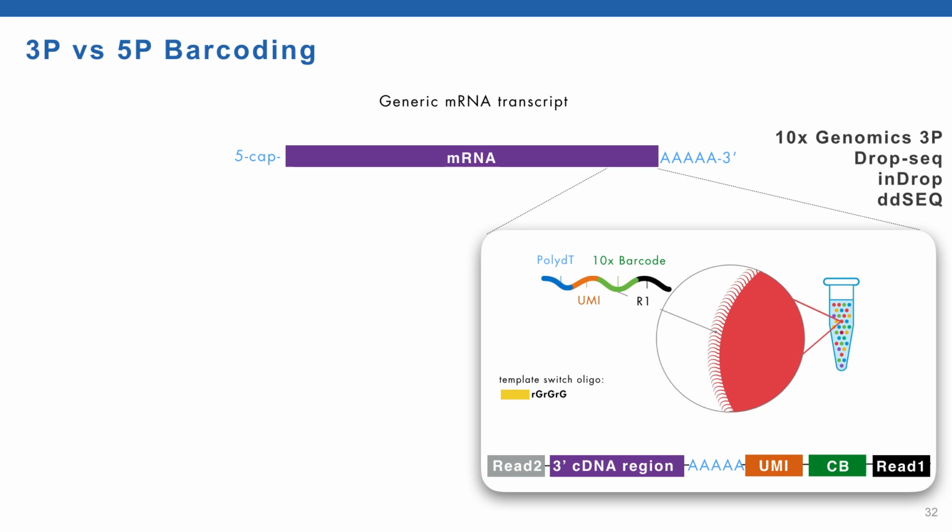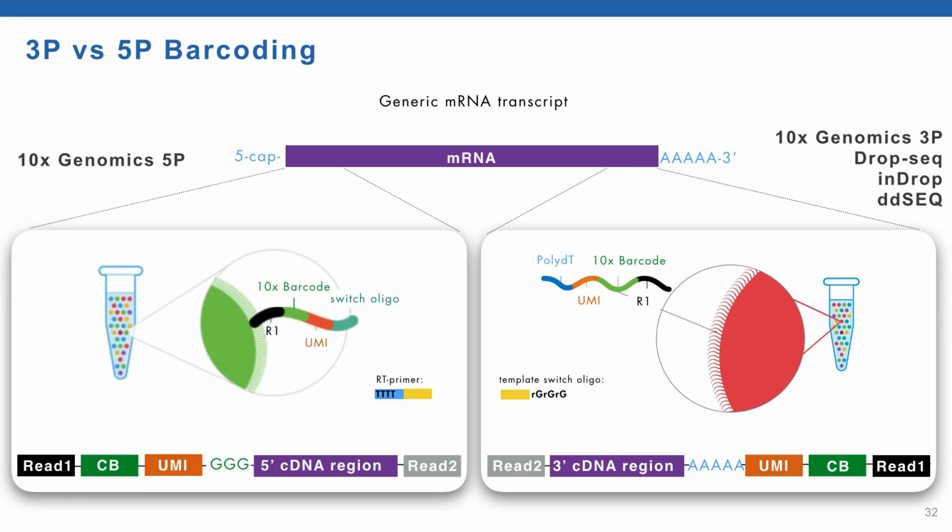Upon RT, you make a first strand copy of the mRNA and amplify the cDNA by one or a couple of different methods, and then at some point you fragment this down and make a library that you sequence on an Illumina sequencer that retains the barcode that came in on the RT primer, and then it has enough sequence information from the transcript to tell you which gene was expressed. And this is how it works for 10x 3', Drop-seq, inDrop, DD-seq, and other plate-based methods as well.